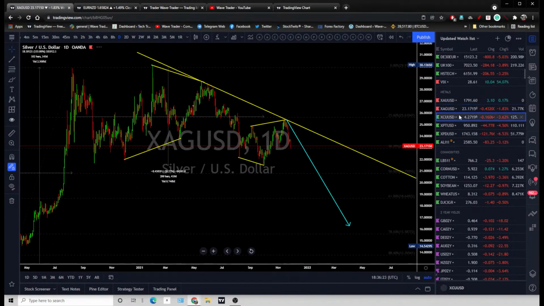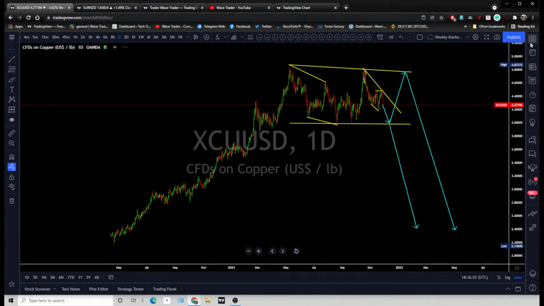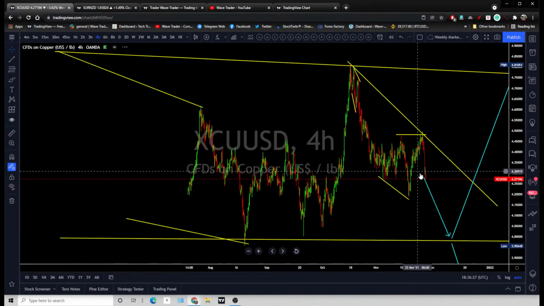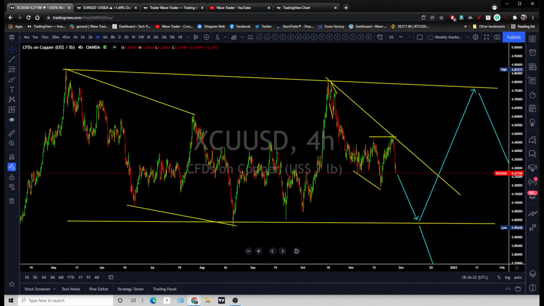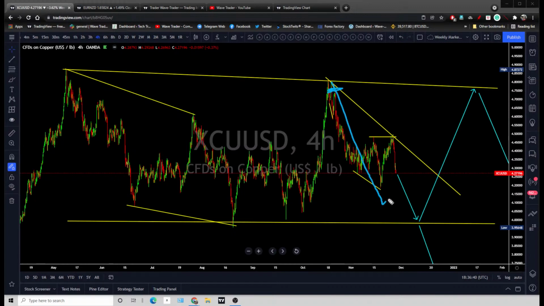Copper also dragged, testing the previous low. Last week's correction finished, and it's just dropping lower. Again, the trade is very much gone on copper. We were expecting it to drop from that top, it's dropping, and now we are expecting it to finish the move there. Once price finishes the move, watch it to hold, and there will be a buy opportunity.